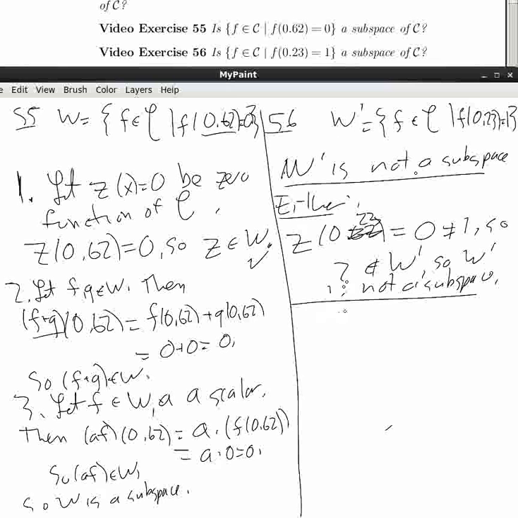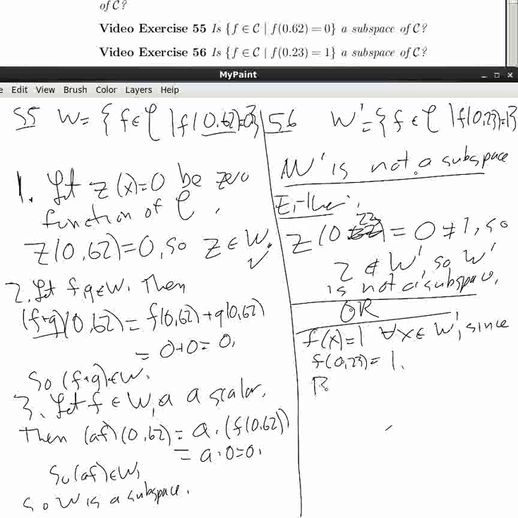If you don't like that, you could do this instead. Let's see. How about f of x equals 1 for all x, which belongs to W prime, since f of 0.23 is equal to 1, because I've defined it to be 1 for all of them.